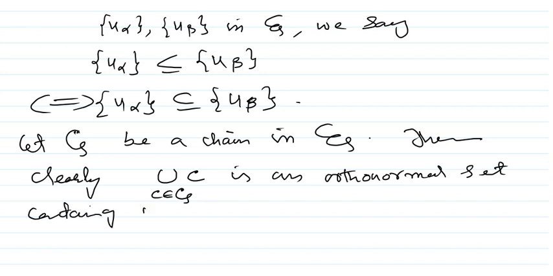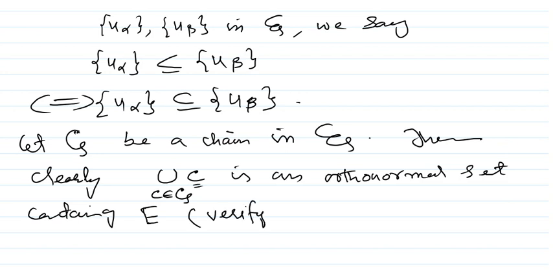Containing the set E. Okay, E is a singleton set, and each member of the cursive C contains this particular set E. So the union also contains the particular set E. So you just verify this. It's a chain. Okay?